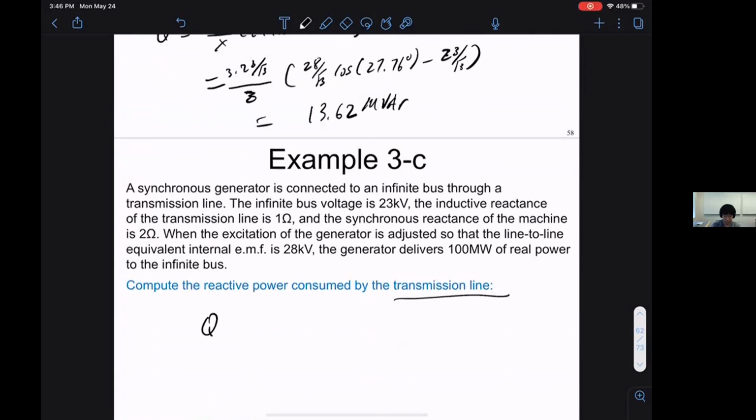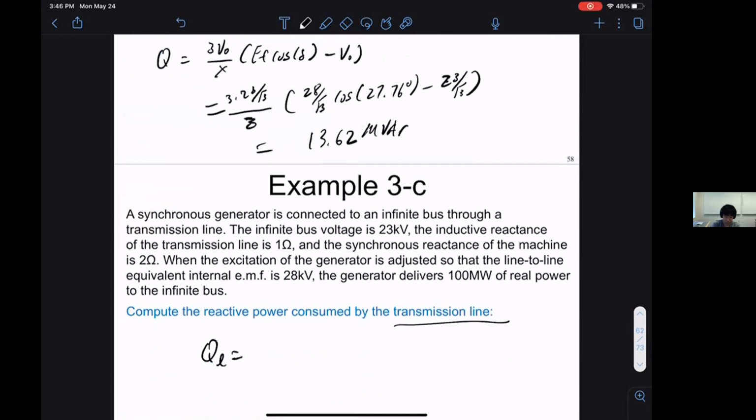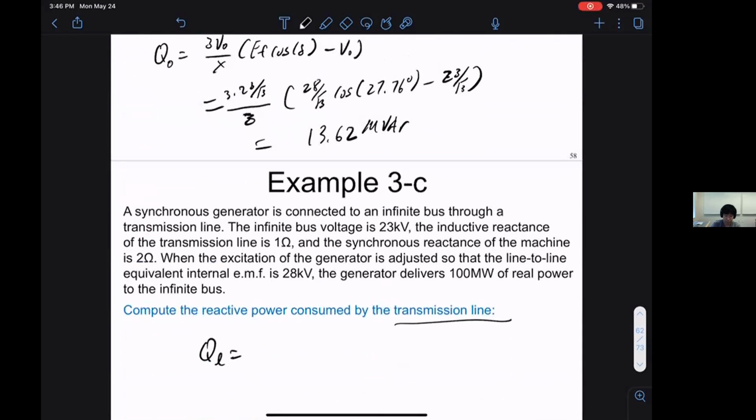So this is QL, let's denote it by QL. QL is 3 times I squared times XL, this is 3 times 2.53 squared times 1, 19.25. Any questions up to here?